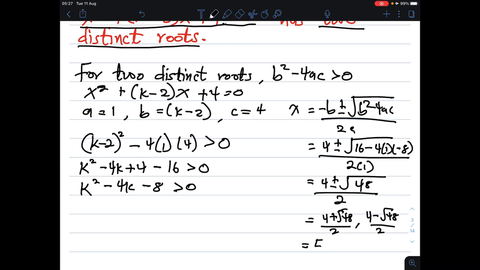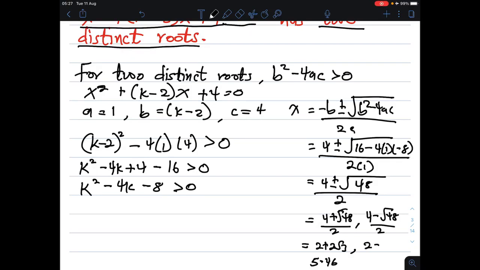So this will be 5.46, or we can write 2 plus 2 root 3, or you can just say that it's 5.46. And then the other would be 4 minus root 48 over 2.